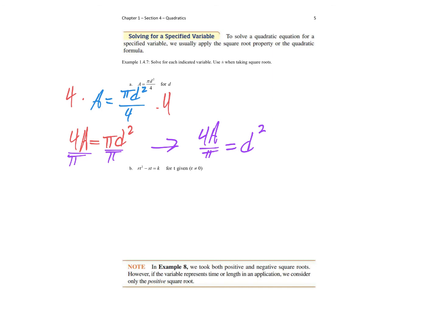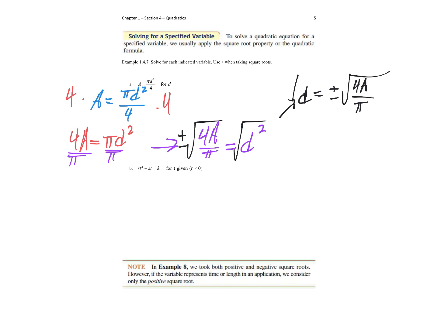And we can finally take the square root of both sides. And remember, when you take the square root, we'll use a plus or minus symbol. So my final statement looks something like this: d, the diameter, is equal to plus or minus the square root of 4A divided by pi.